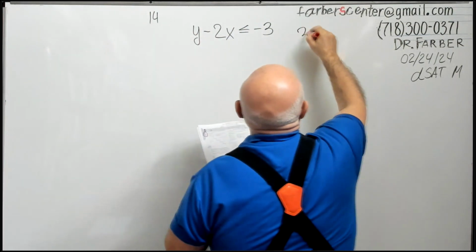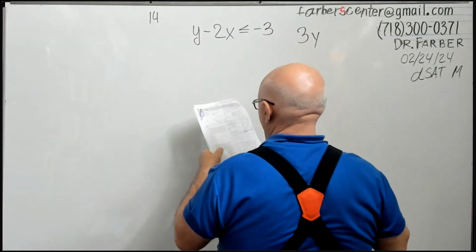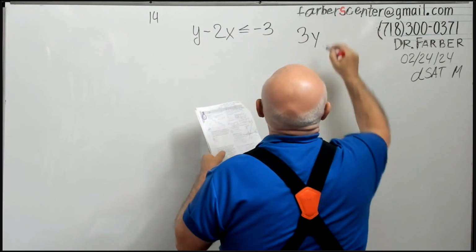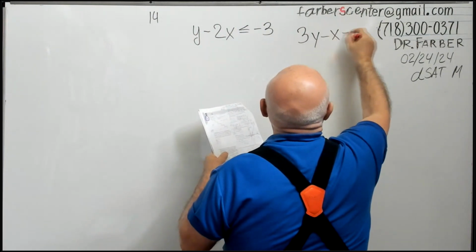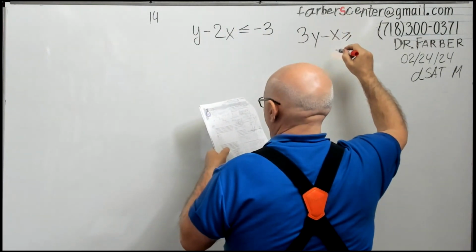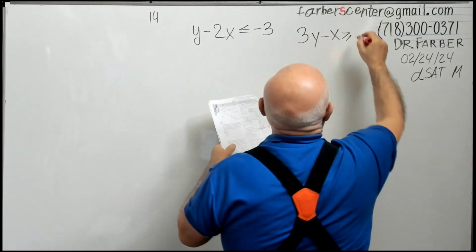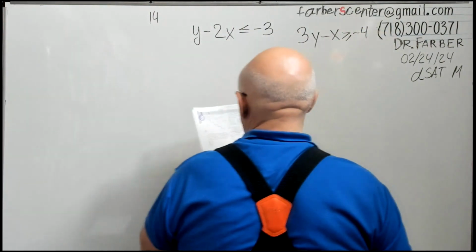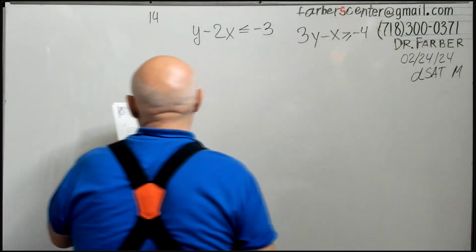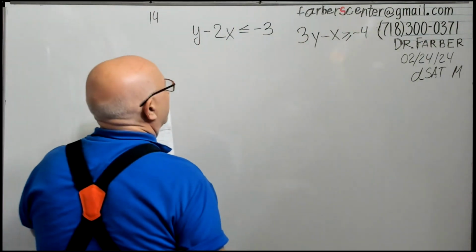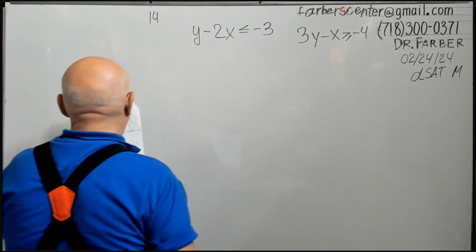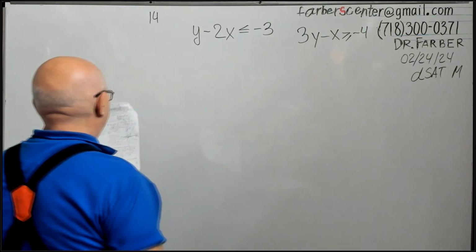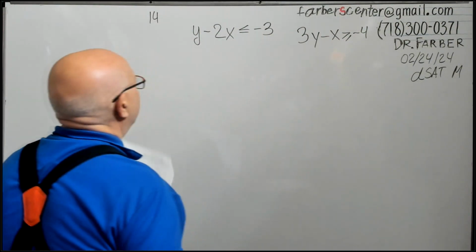And 3y minus x greater than or equal to negative 4. Did I write everything correctly? 3y minus x greater than or equal to negative 4. y minus 2x less than or equal to negative 3.